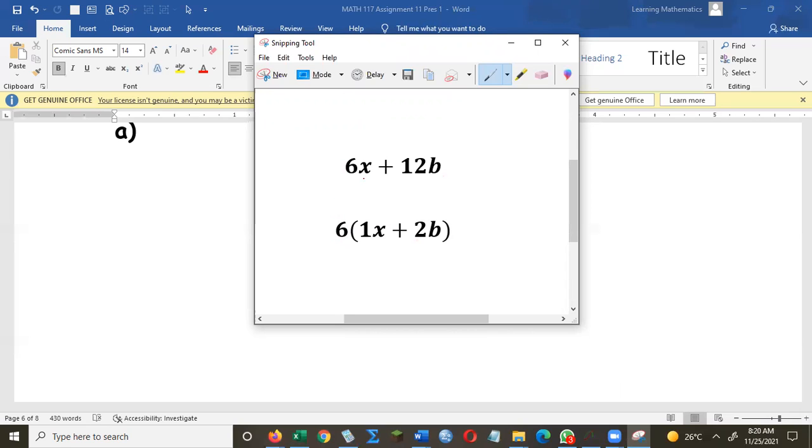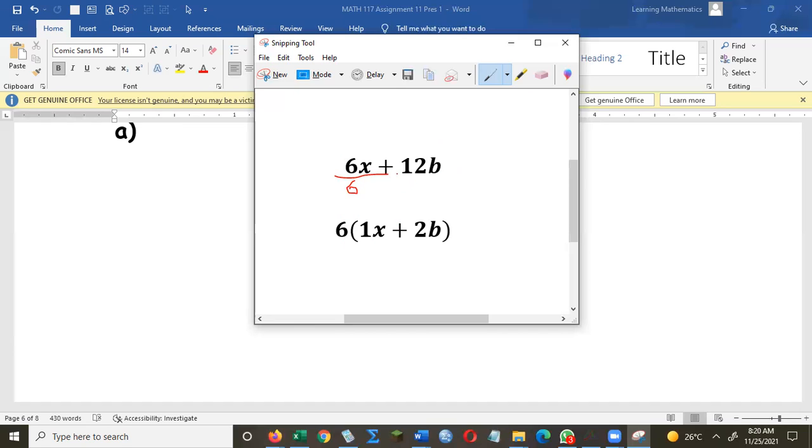So for example, you have 6x plus 12b. Between 6 and 12, we have to identify the highest common factor, which is 6. And then you divide each term by that 6. So 6 into 6x: 6 into 6 goes once, you are left with x.